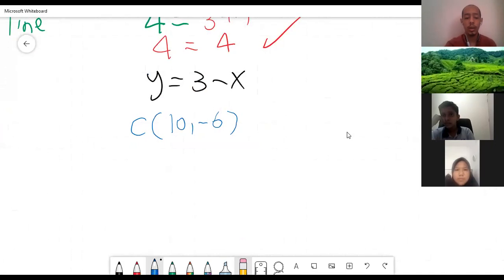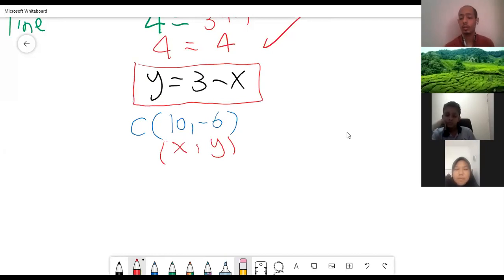What is the value of x? x is 10. What is the value of y? Minus 6.